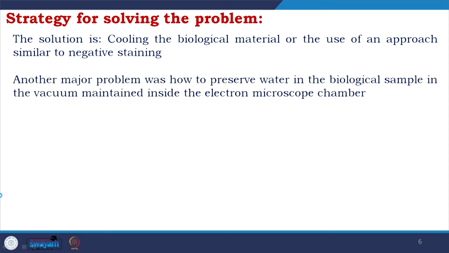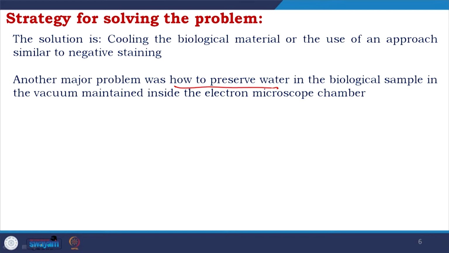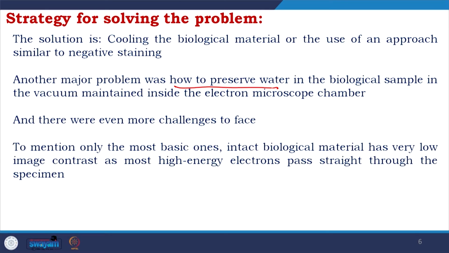Another major problem was how to preserve water in the biological sample in the vacuum maintained inside the electron microscope chamber. So, we always want the protein in solution. So, how to preserve the water? This is extremely important. And there are other challenges to face.